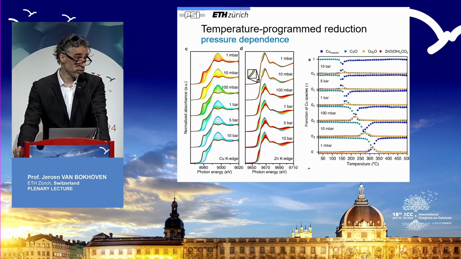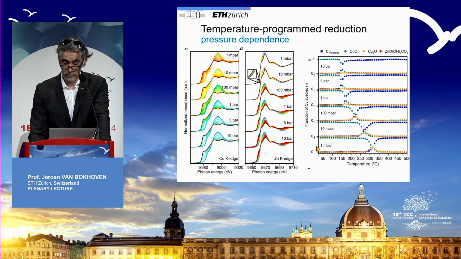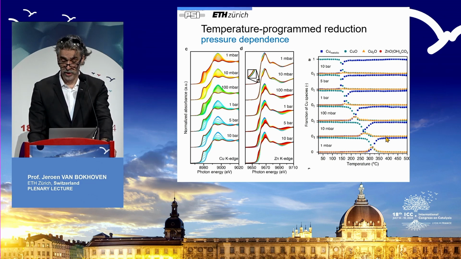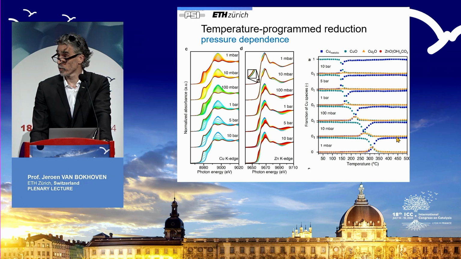As I said, we can quantify our data, and at the bottom we have the quantification for the lowest pressure, where the initial spectrum shows that there is a copper 2 oxide. The moment that the copper 2 oxide is reducing, there is a copper 1 oxide phase, which is an intermediate, and this will actually transform into copper 0.